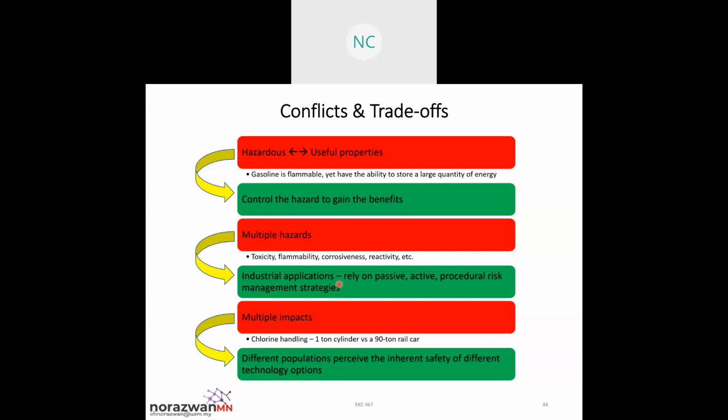Meaning that for multiple hazards operation, you must apply all of your safety strategies, your inherent, passive, active, and procedural, so that you can use this material even though it has multiple hazards.